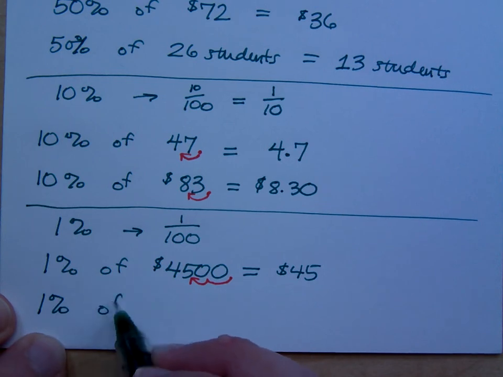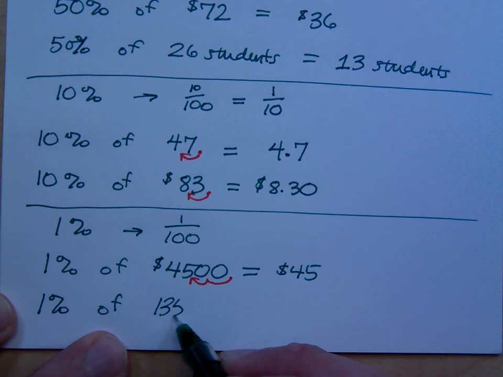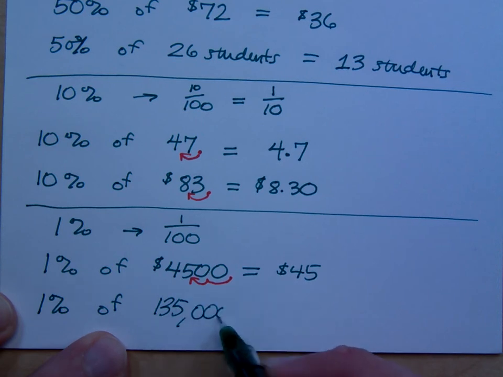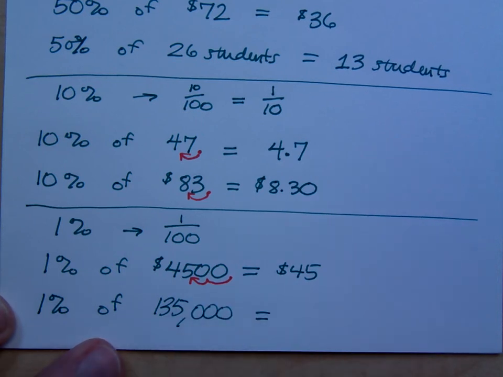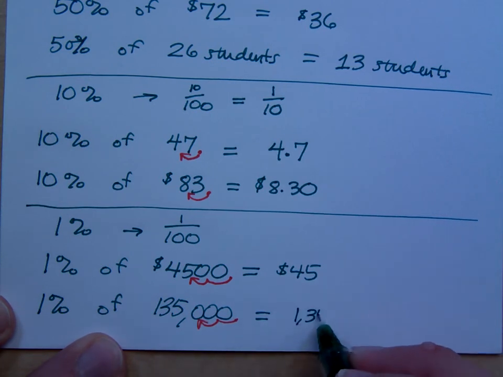So what's 1% of 135,000? The decimal's right here. If it's 1%, where does it go? It scoots over 2 places to the left, and so you end up with 1,350.